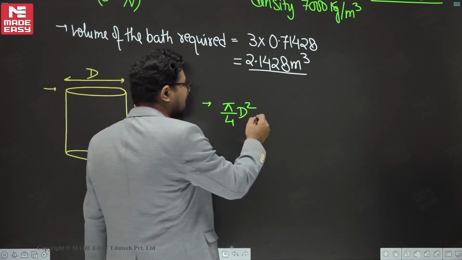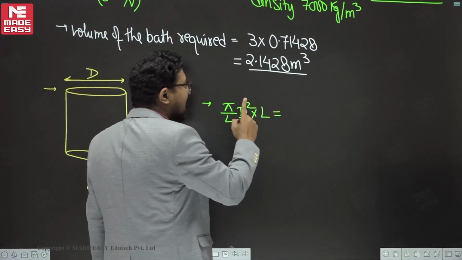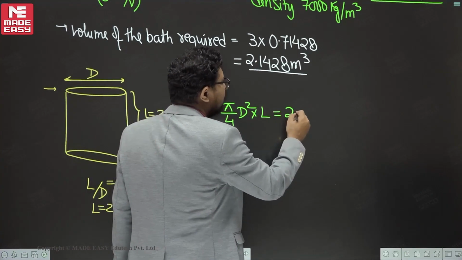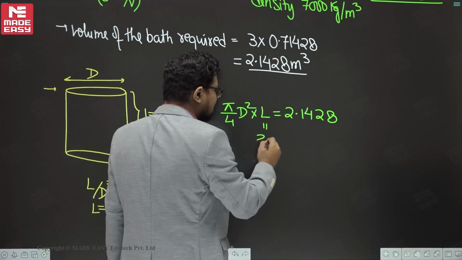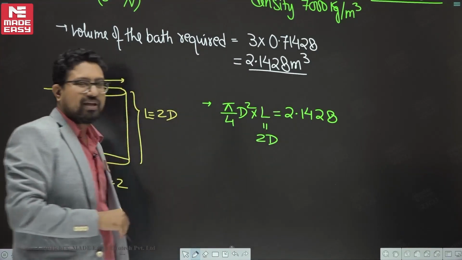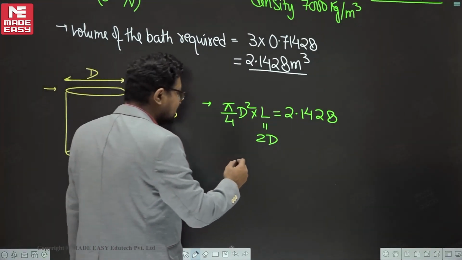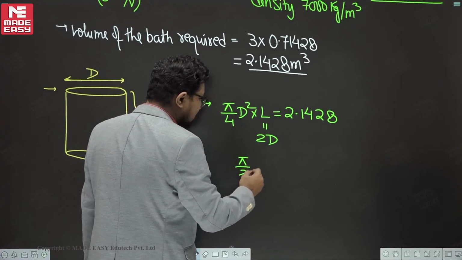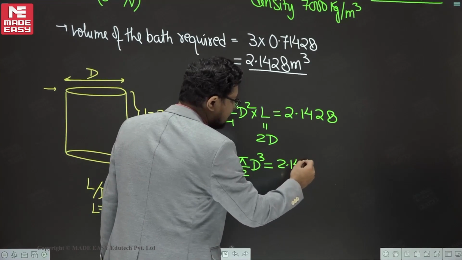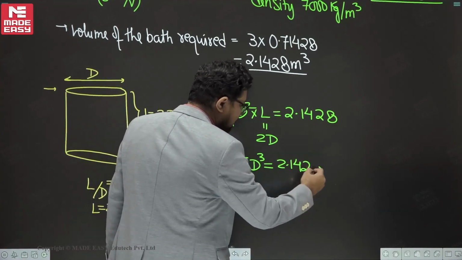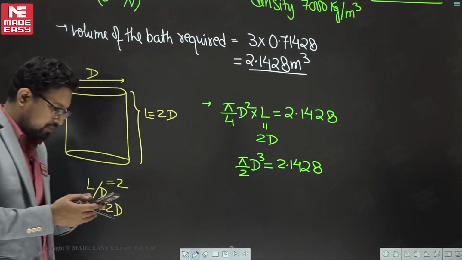This volume should be equal to 2.1428. Now we know L is equal to 2D, so rearranging, it will be pi by 2 d cube, equal to 2.1428, fine.